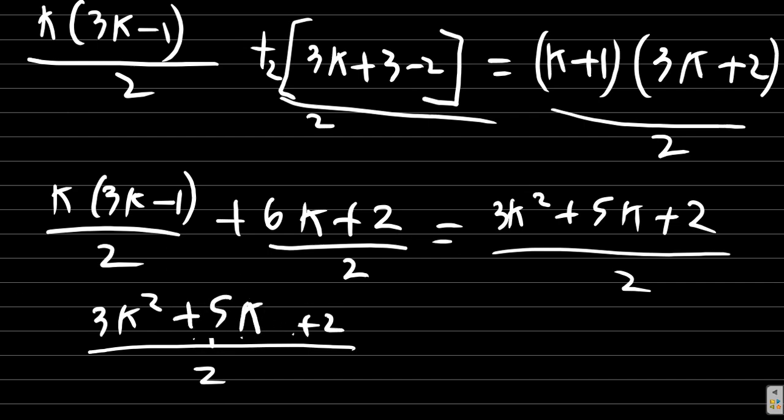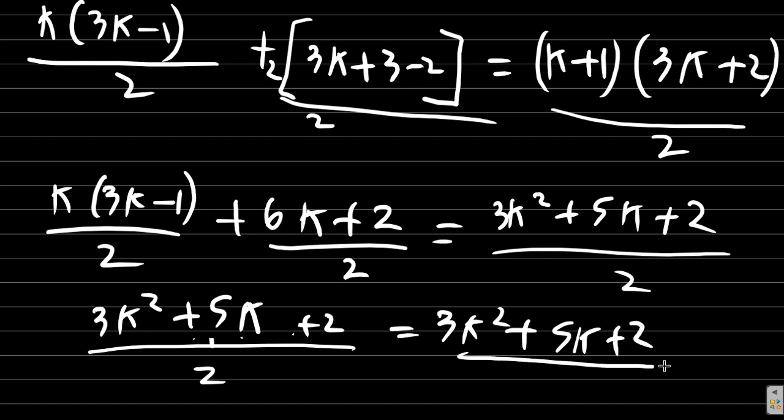So what you would have is 3k squared plus 5k plus 2 over 2 equal to 3k squared plus 5k plus 2 over 2, right? So you'd have proved that the left hand and the right hand side are the same.